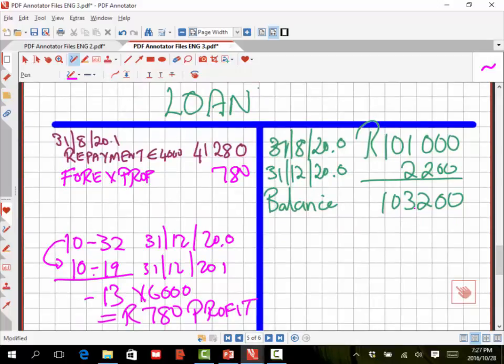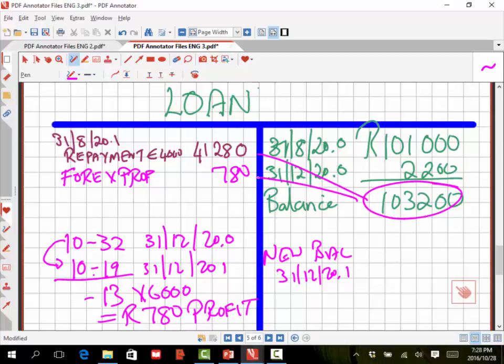Now let us just make sure, let's do a calculation. What will the new balance be? New balance 31/12/20.1. If you take this amount, you deduct these two, and we then get to 103,200 minus 41,280 minus 780.